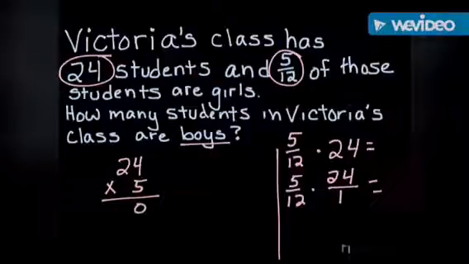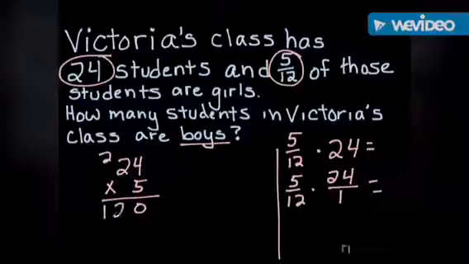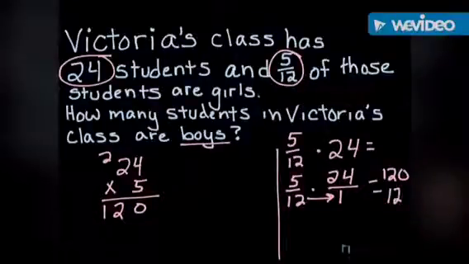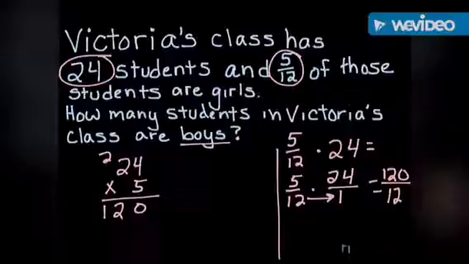5 times 4 is 20. 5 times 2 is 10. Plus 2 is 12. So I know my numerator is 120. Now I'm going to do 12 times 1, which is 12. Now I have 120 twelfths.